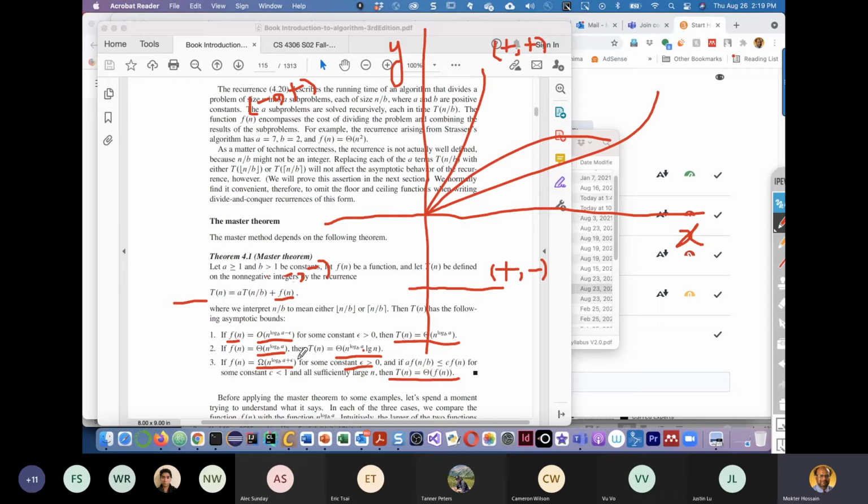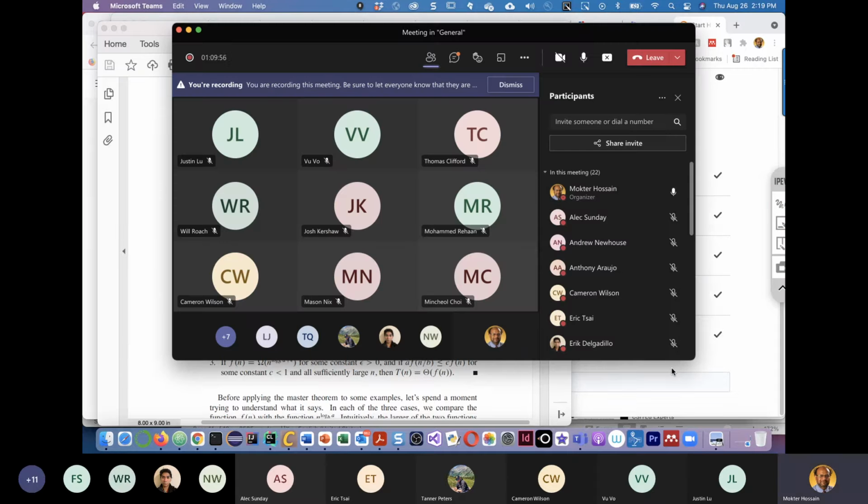My goal today is to help you understand this master theorem, and then I will be happy. Has anyone any question?